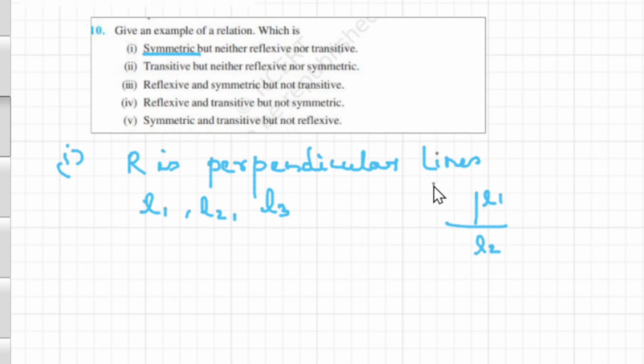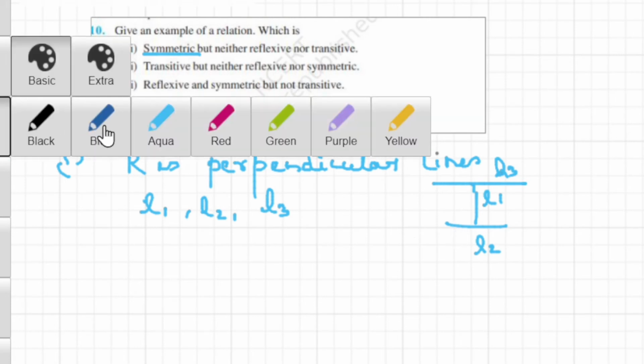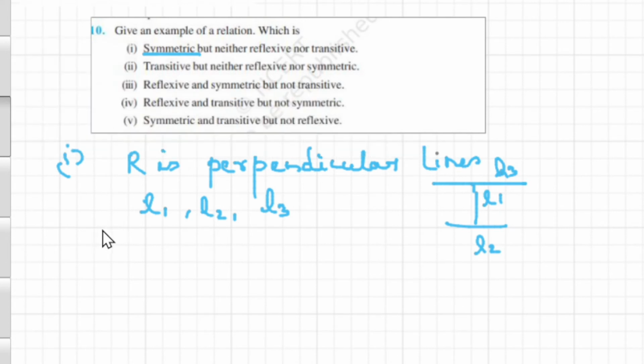And L1 is perpendicular to L2, and L1 is perpendicular to L3, but L2 and L3 are not perpendicular. They are actually parallel. From this it is clear that the perpendicular lines relation satisfies symmetric, but is neither reflexive nor transitive.